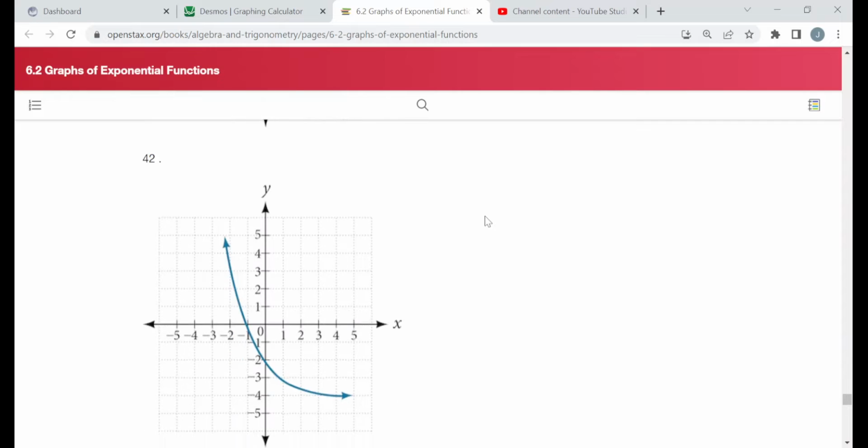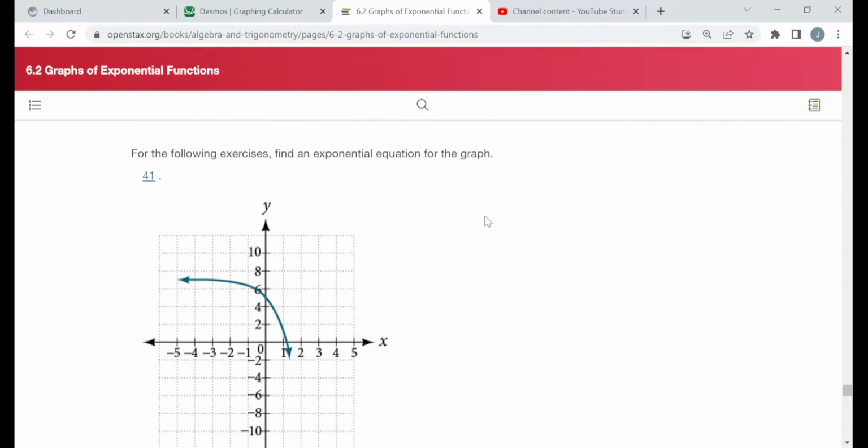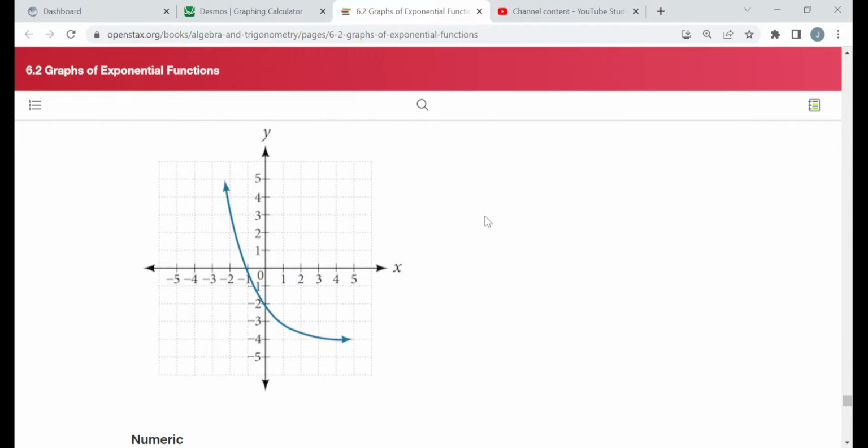Alright, so look at exercise 42. So we're just asked to find an equation for the graph. So these aren't going to be 2 to the x. These aren't necessarily from 2 to the x anymore. So I don't even know what base and power they're from. Alright, so I need to figure that out. And again, we could have done this from the previous examples as well. Alright, so again, I'm going to draw this up.